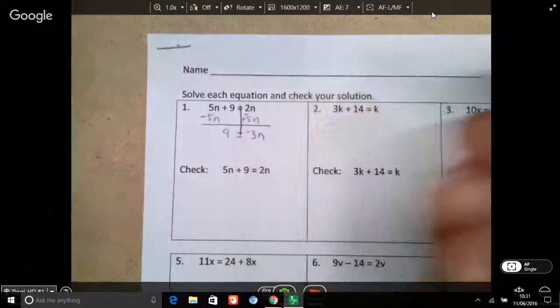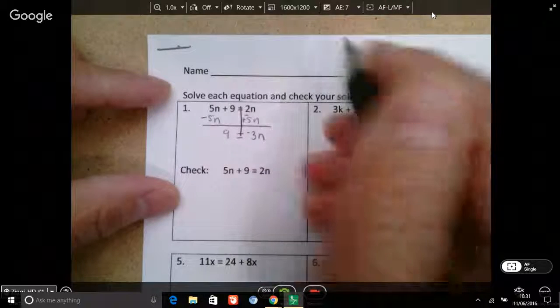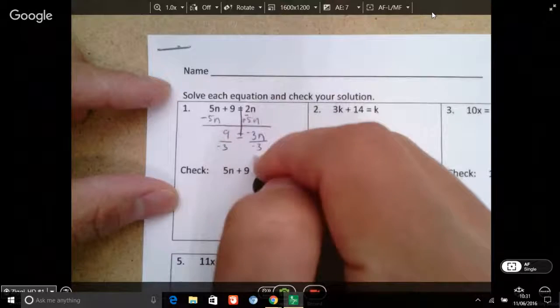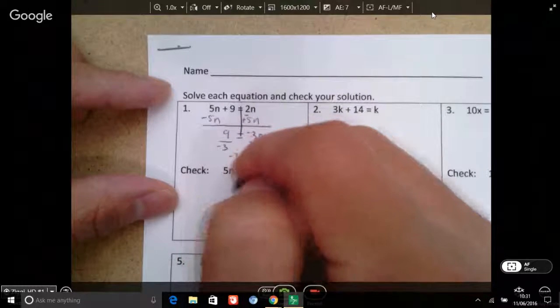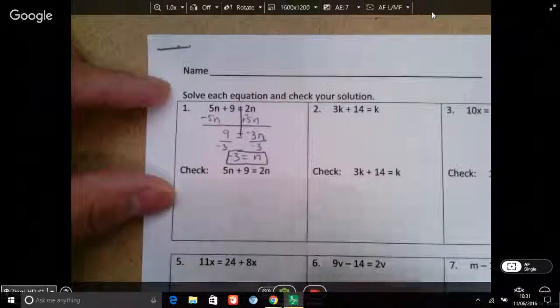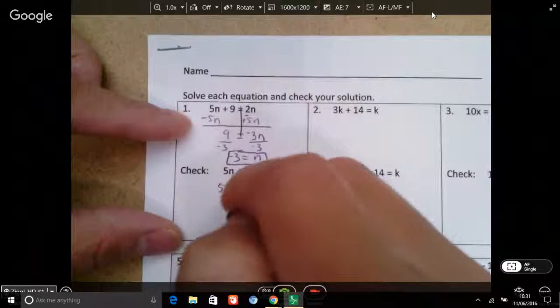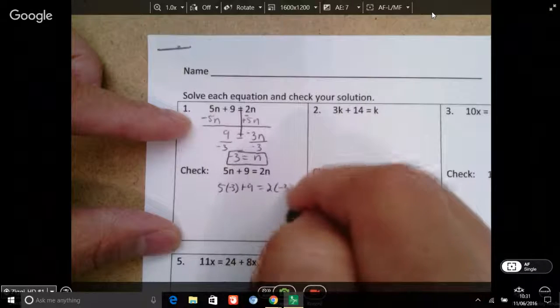Now, just solve the one-step equation. It's negative 3 times n, right? Use the opposite operation, divide by negative 3, divide by negative 3. n equals 9 divided by negative 3 gives you negative 3. There's your answer. Okay, so let's go ahead and check it. 5 times negative 3 plus 9 equals 2 times negative 3.